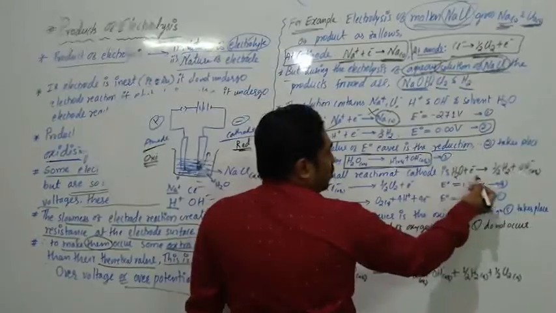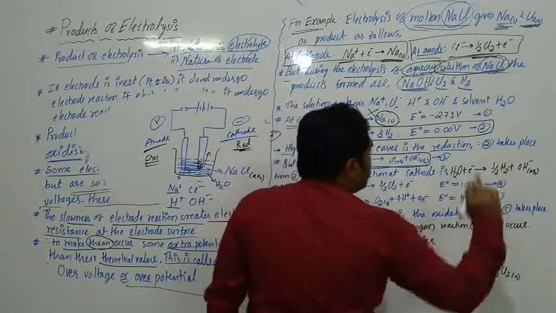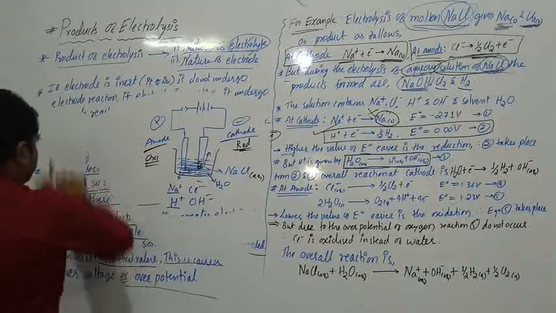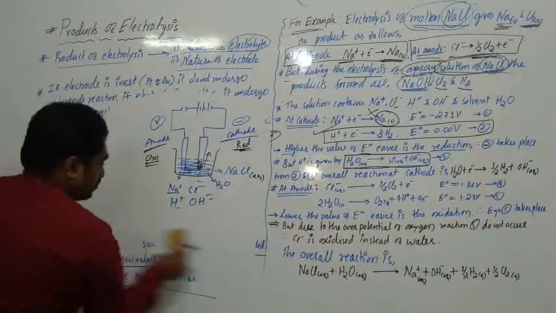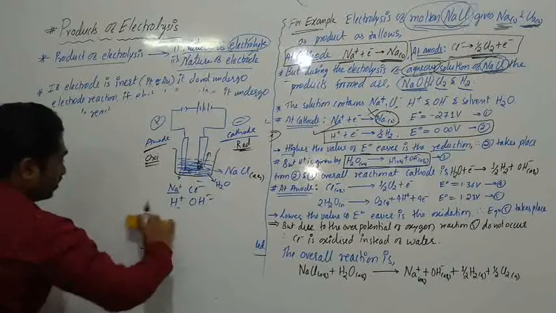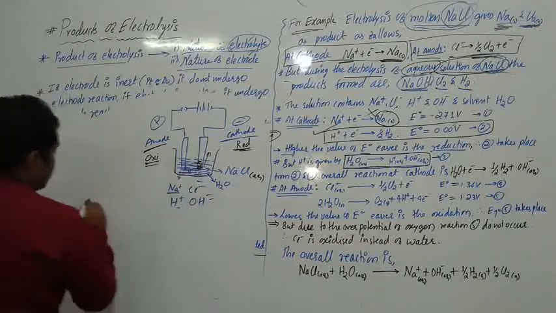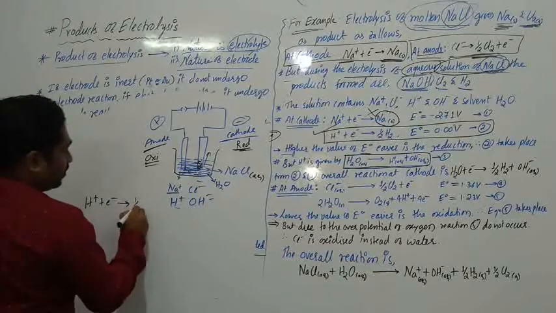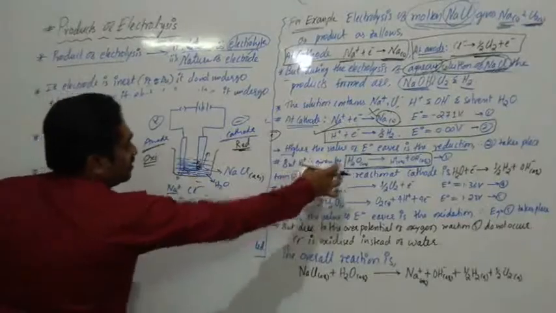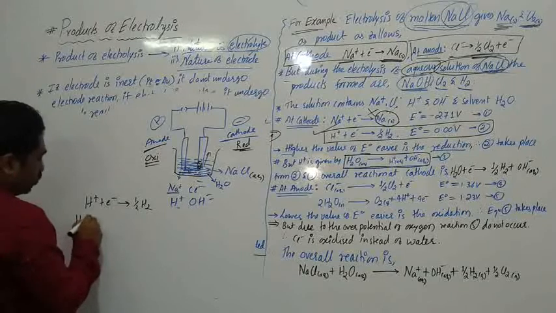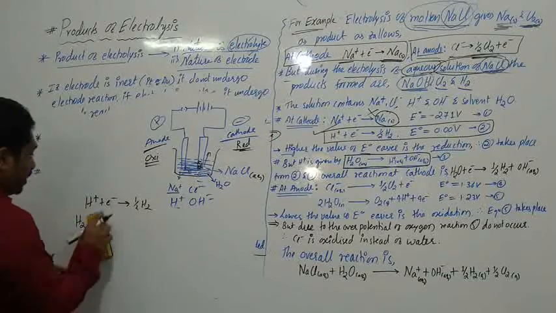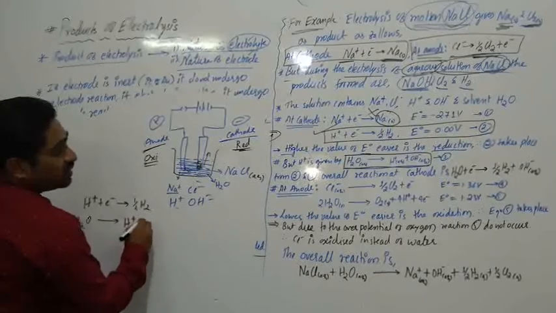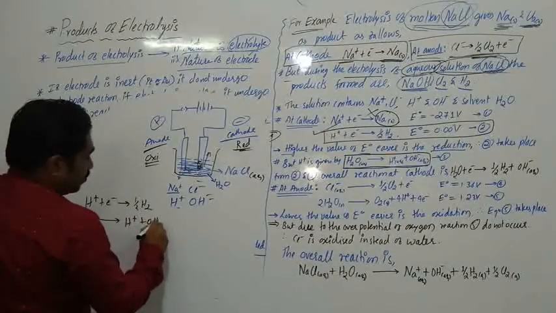H2O plus electron gives 1 by 2 H2 plus OH minus, isn't it? So how can we write the overall reaction? First write the equation: H plus plus electron gives 1 by 2 H2, and this equation: H2O gives H plus and OH minus.